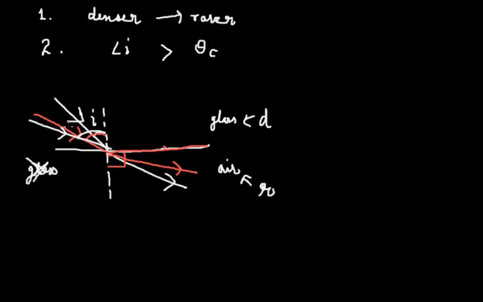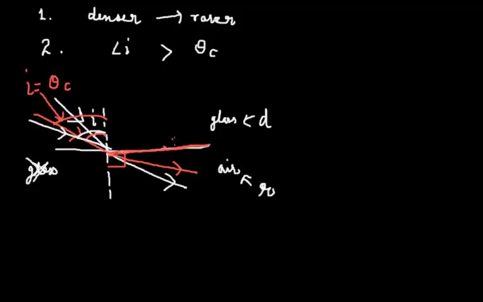So at a particular value of angle of incidence, this value I will be equal to theta c, the critical angle. So what is critical angle? Critical angle is nothing but the angle of incidence at which the refracted ray makes a 90-degree angle with the normal, or it goes perpendicularly with the normal.